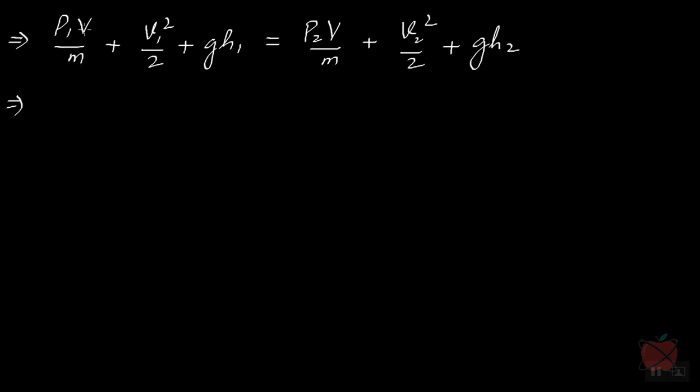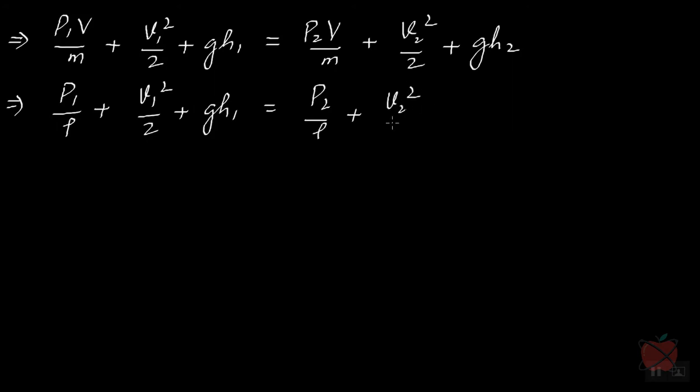But then what is volume by mass? That is 1 by rho. So this will be P1 by rho plus V1 square by 2 plus GH1 is equal to P2 by rho plus V2 square by 2 plus GH2. Okay, so this means that it is a repetition, yes or no? The terms on the left hand side are similar to the terms on the right hand side.